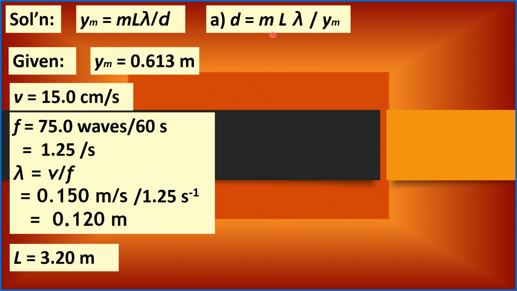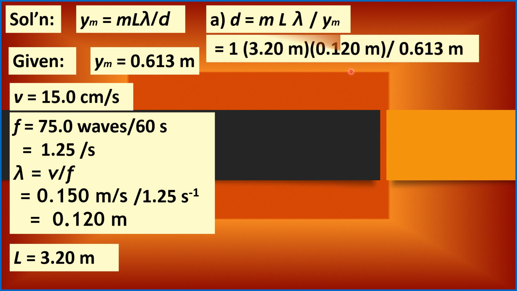Using that formula, m L lambda over ym, substituting for the value of m, which is m equals positive 1, meaning the first dark fringe, and the value of L, 3.20 meters, the wavelength, 0.120 meters, all over the value of ym, 0.613 meters.